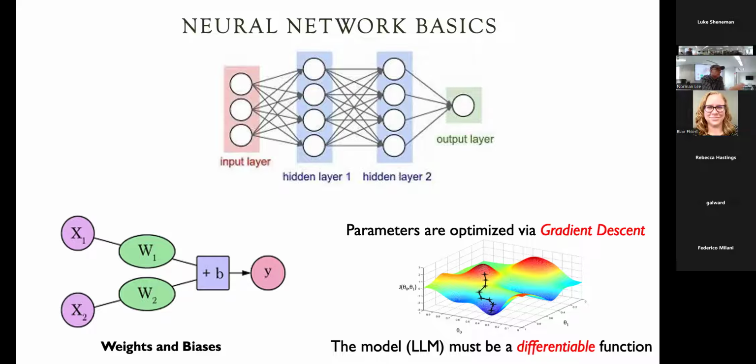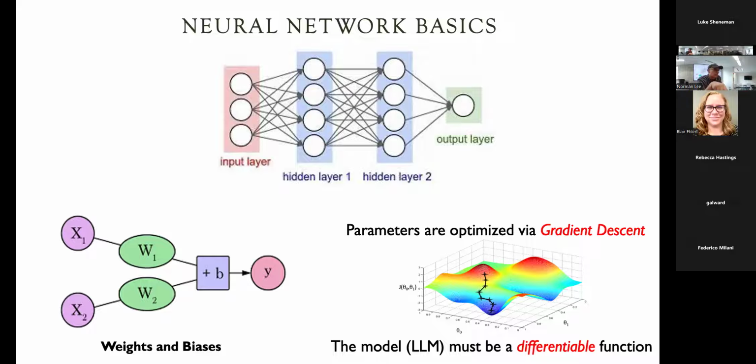We go backwards through a process called backpropagation, and we optimize through an optimization strategy called gradient descent. Gradient descent is a way of traversing a loss landscape to optimize the parameters of our model. It's a mathematical, algorithmic approach to optimizing the parameters in our model.